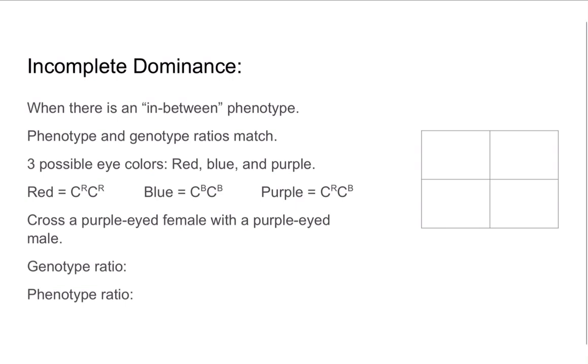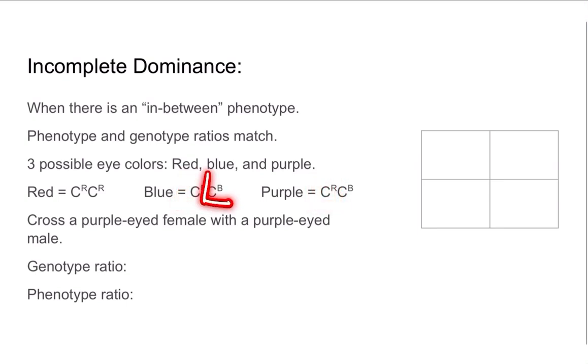So it says cross a purple-eyed female with a purple-eyed male. So this is what we're looking for. And instead of doing the FOIL and stuff like that, we're just gonna split it up like this.